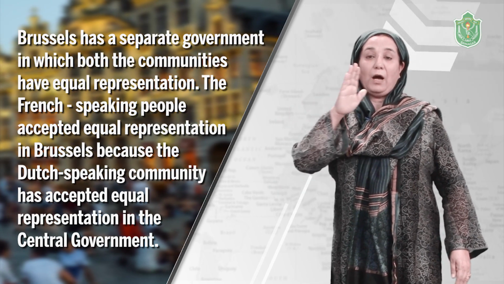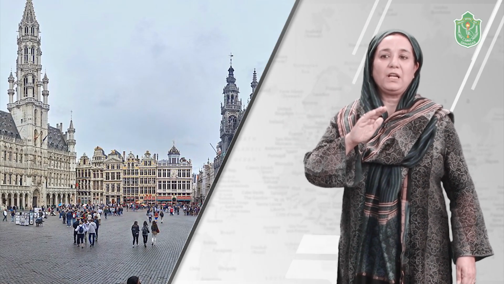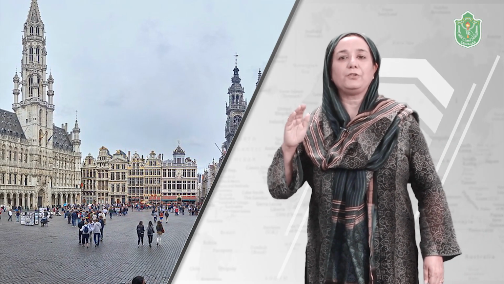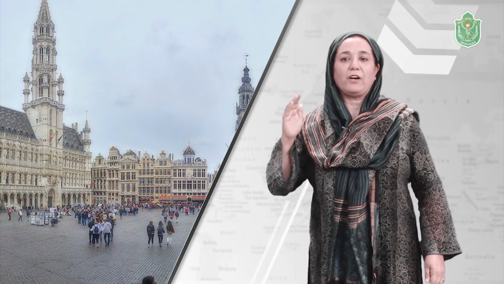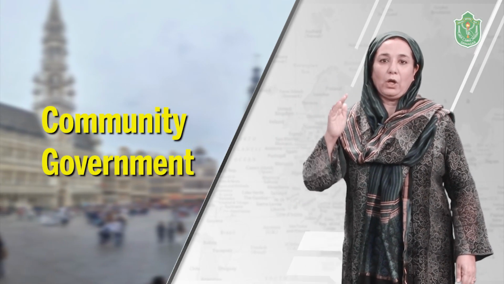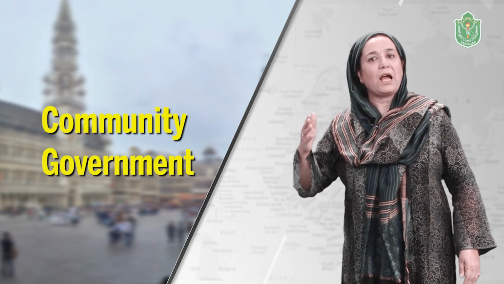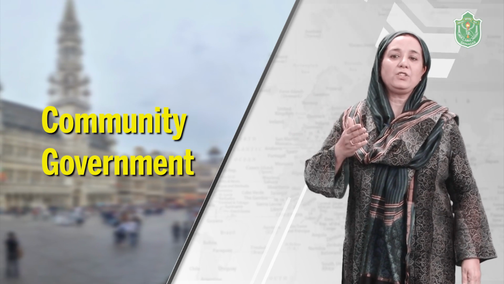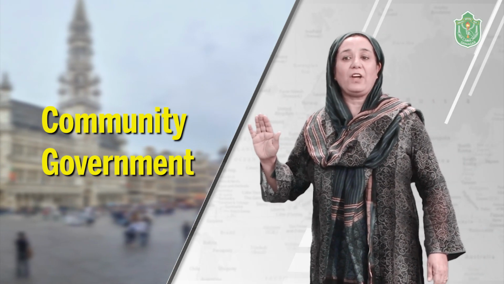Apart from the central and the state government, children, there is a third kind of government, known as the community government. That is elected by people belonging to one language community, that is, either Dutch, French or German speaking, and it does not matter where they live.